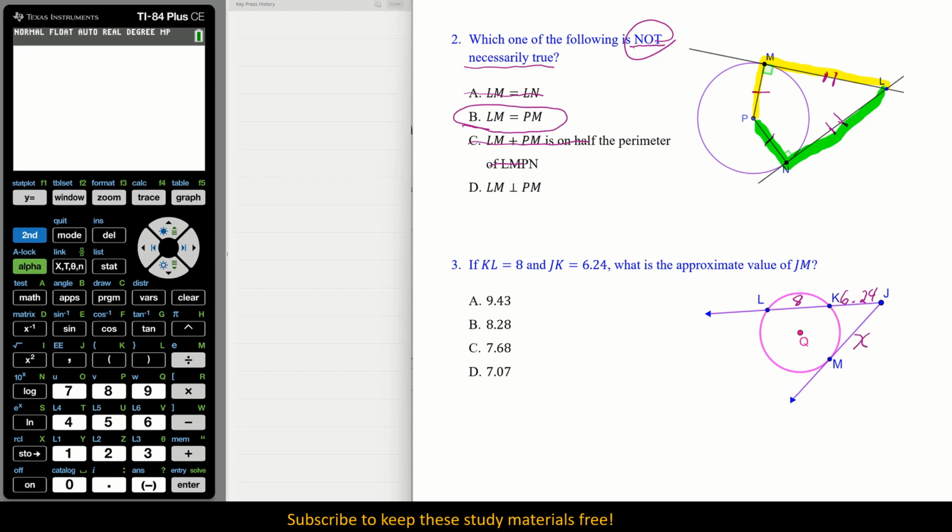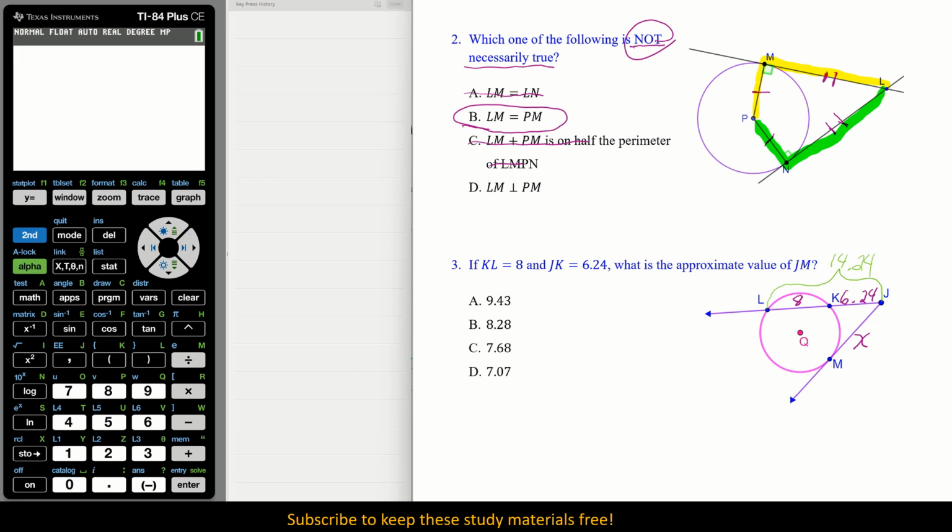We'll call that X. But one thing we need to do is add the entire length of JL, which of course equals 14.24. That is important because that's how we are going to get our answer.